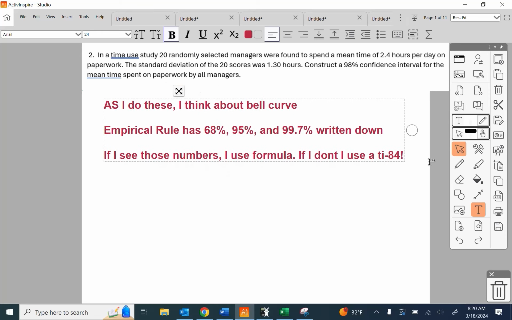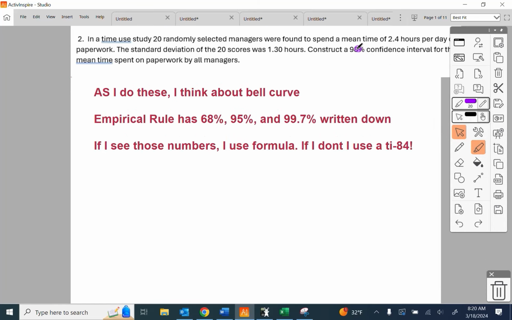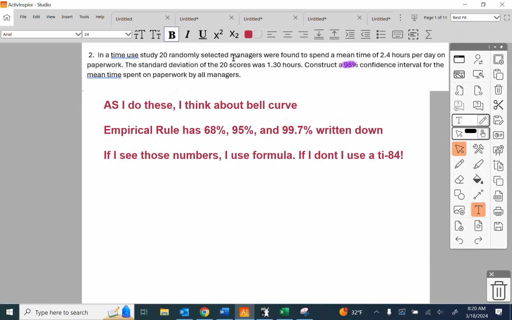So the first one has 98%, which is not on the empirical rule, so I'm going to use a calculator. 20 randomly selected managers, that's the sample size, N is 20, were found to spend a mean time of 2.4, that's my X bar.